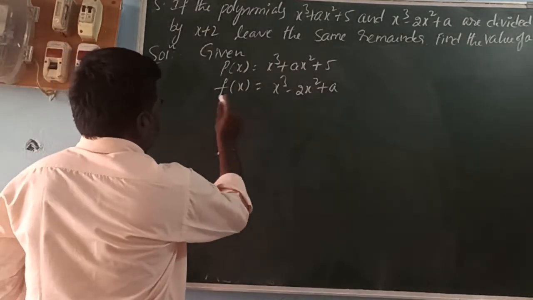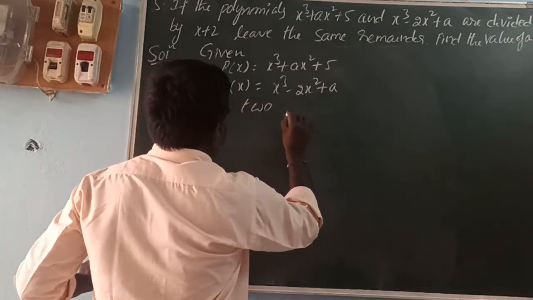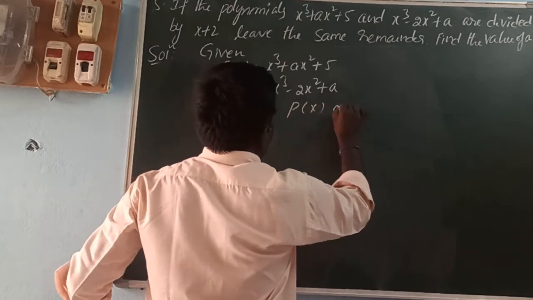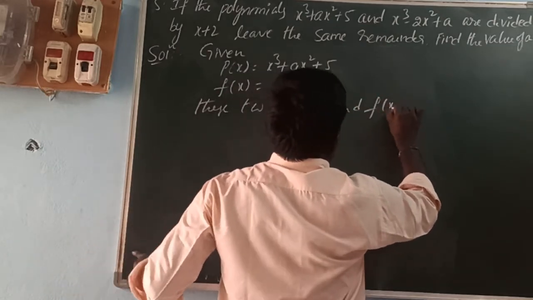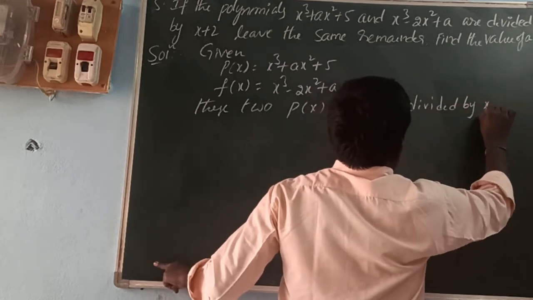So these two polynomials, p of x and f of x, are divided by x plus 2.